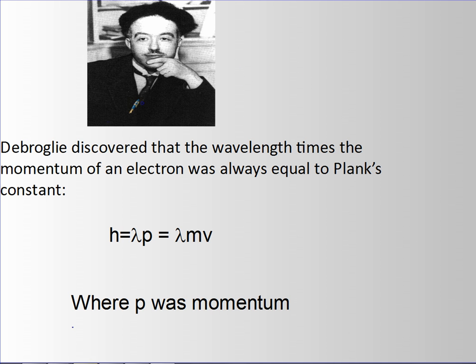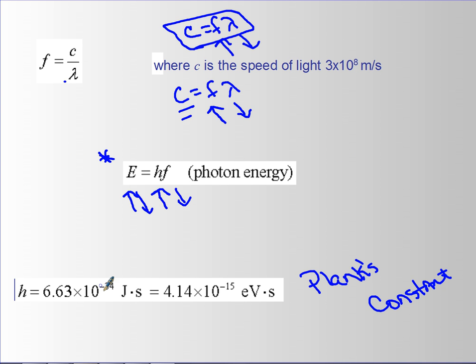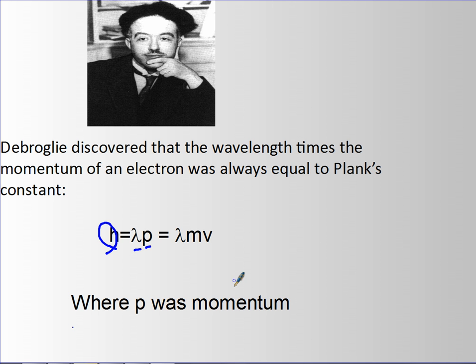Here's our third formula. De Broglie discovered that if you take the wavelength and multiply it by the momentum, you always get Planck's constant. Planck's constant was back on the other page. Remember, 6.63 times 10 to the negative 34 joule seconds, where p is the momentum. But momentum is mass times velocity. Now let's think about this.